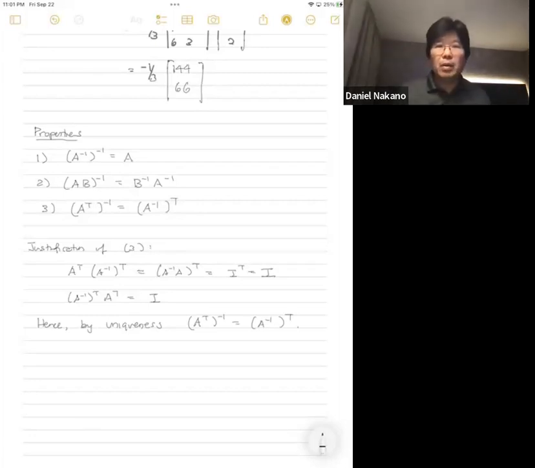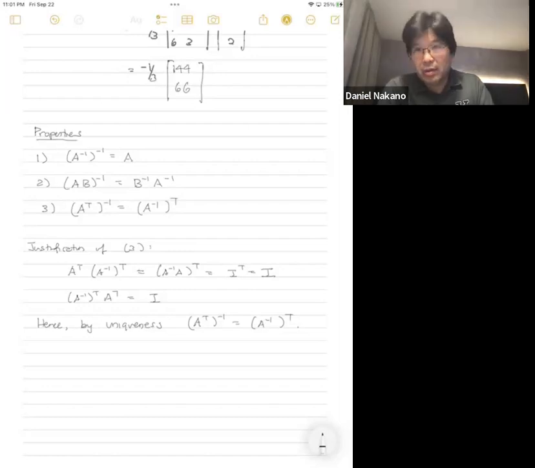Okay, all right. So that concludes the introduction for inverses and the analysis for the 2x2 case. I will make another video which shows how to compute inverses for the arbitrary n by n situation, and that'll use Gaussian elimination.